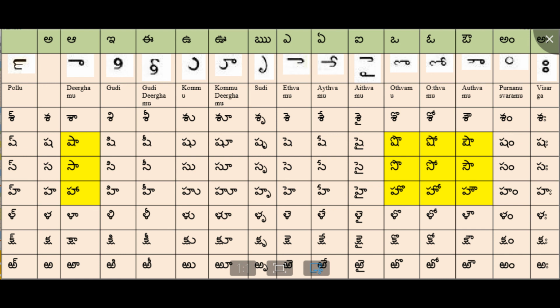Now see here, there are some exceptions here too. Once you learn and remember these, reading the language script and also writing becomes much easier.